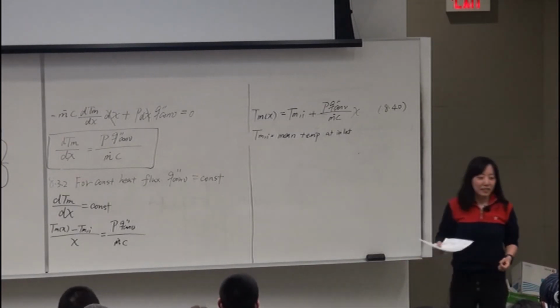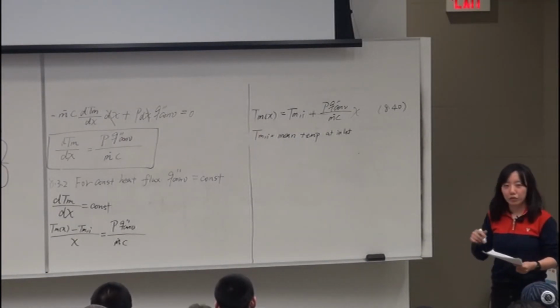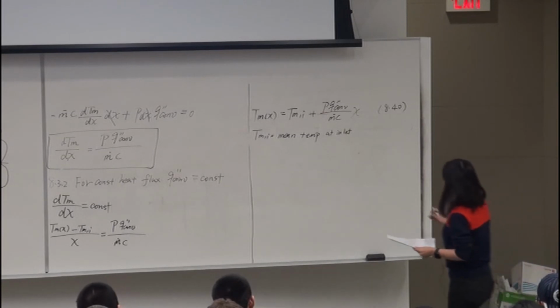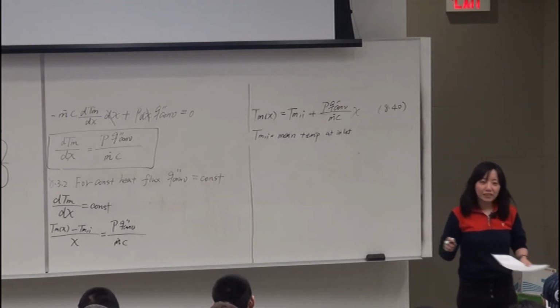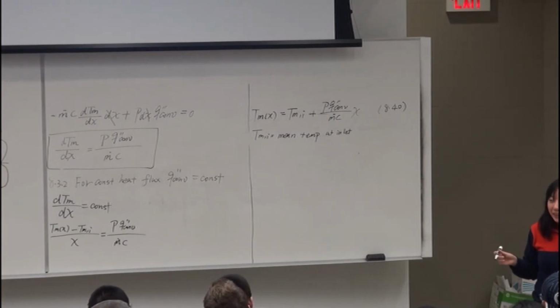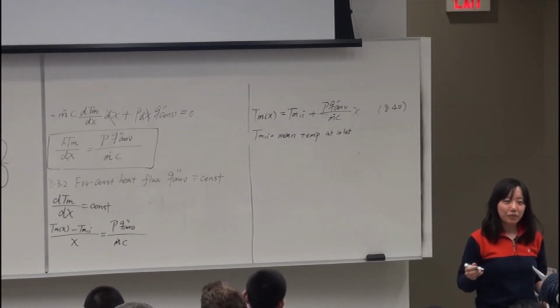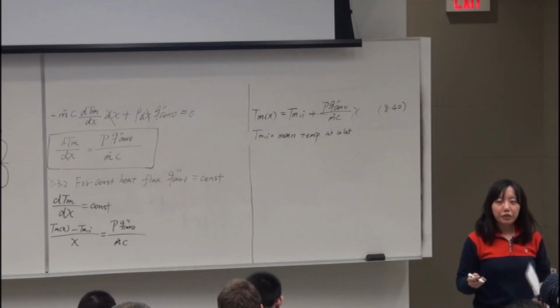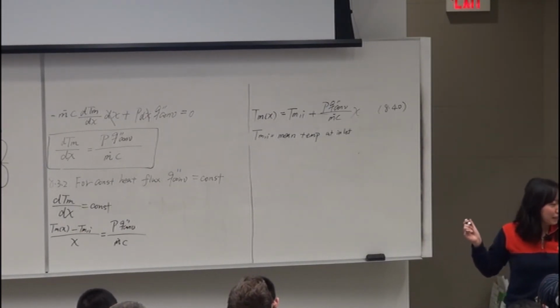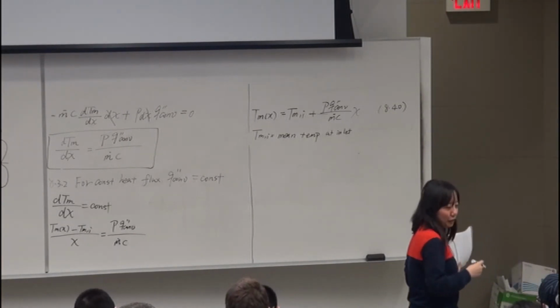Then we can obtain the same solution without solving the complex differential equations. I hope after the final, when you deal with complex problems in your future professional career, you find this super powerful. This is the ultimate goal, the engineering tool.